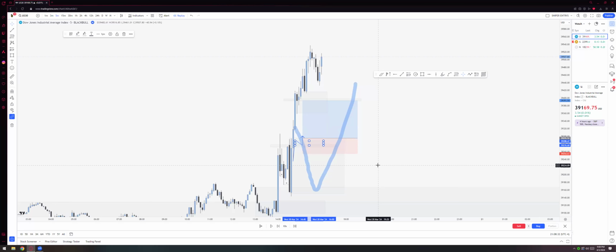But like I said, I like to always keep to just one specific pair or index, in this case, per session. I might do trades on gold sometimes on New York, but I like to keep my focus on just one pair per session because I can give it the details.